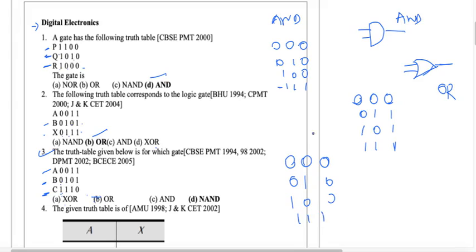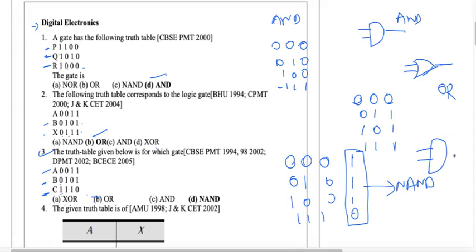This is the truth table for the AND gate, and when we add an inverter or NOT gate to it, it will become 1 1 1 0. This final one is for the NAND gate, and the symbol for the NAND gate is an AND gate with a bubble at the output. So the answer is NAND.